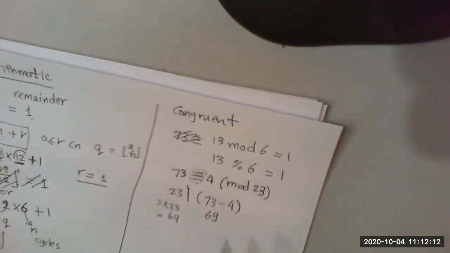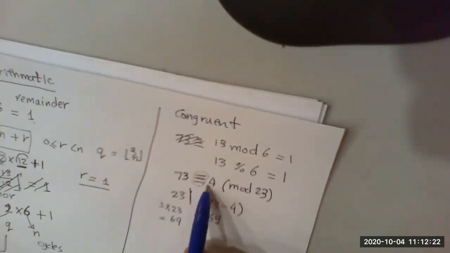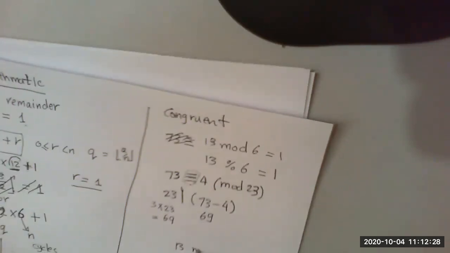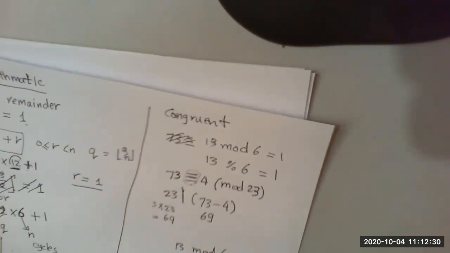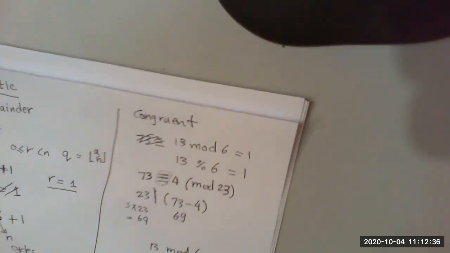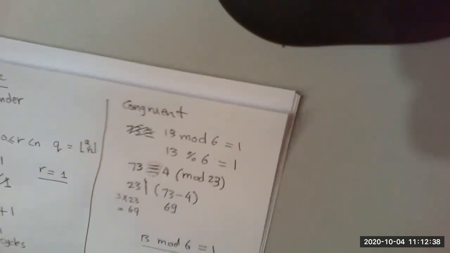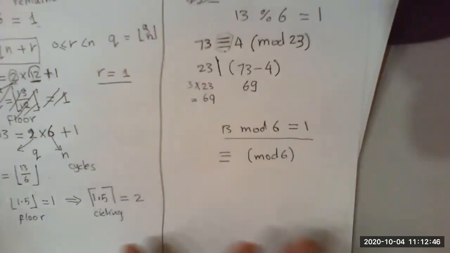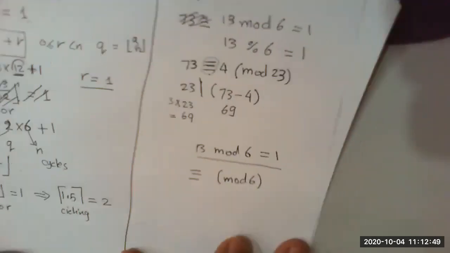Okay, this is normal. You have the same shock when somebody hears about congruent for the first time. I told you about writing 13 mod 6 equals 1. I can write it in another way. I can write mod 6 here.